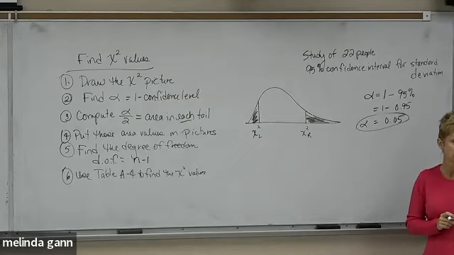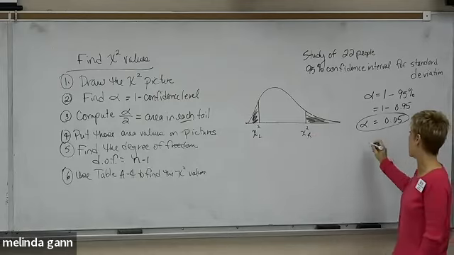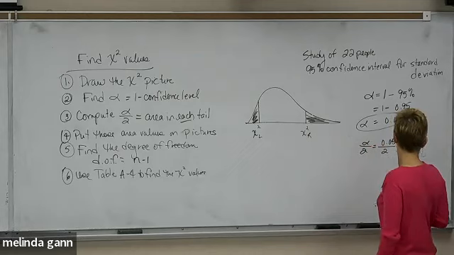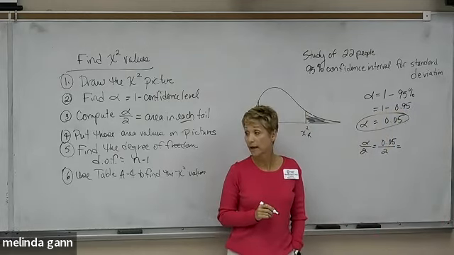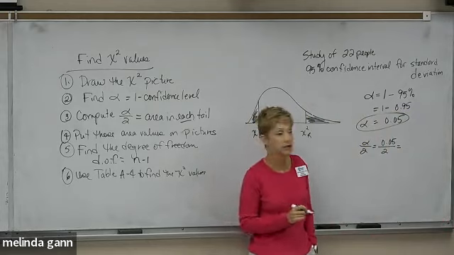All right, what's my next thing I've got to compute? Alpha divided by 2. Take that alpha, you've got that calculator, and halve it for me. What do I get? 0.025.